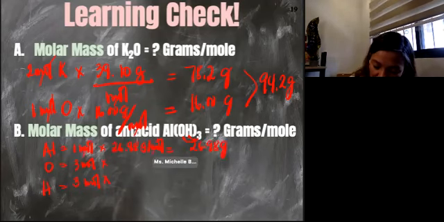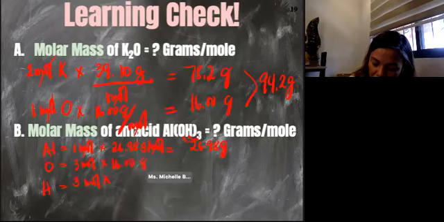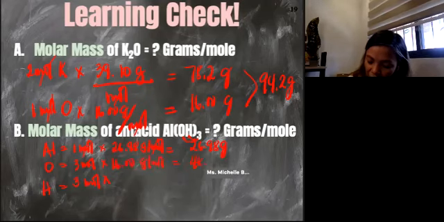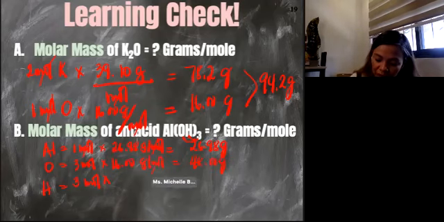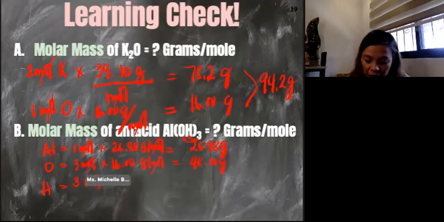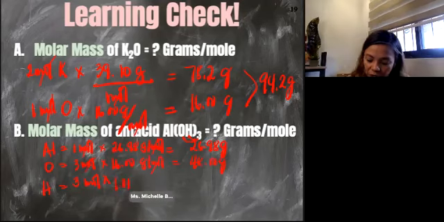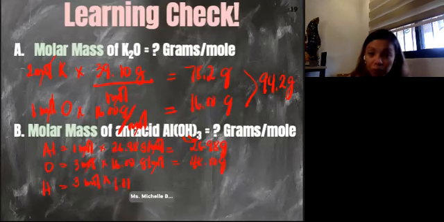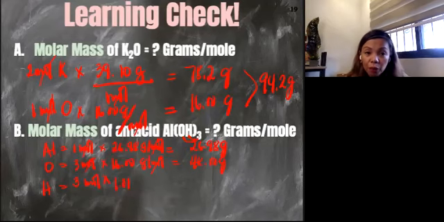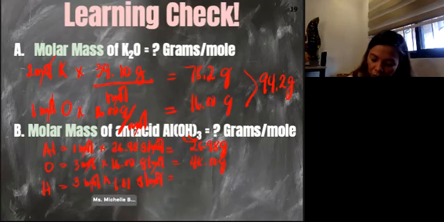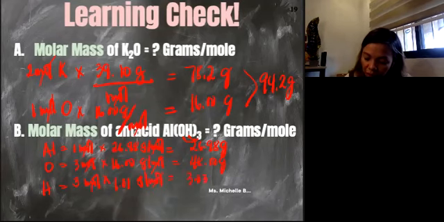For oxygen, times 16.00 grams per mole, therefore we have 48.00 grams. Again, we cancel out the mole. For hydrogen, rounded off to 2 decimal places, that's 1.01 grams per mole, therefore we have 3.03 grams.